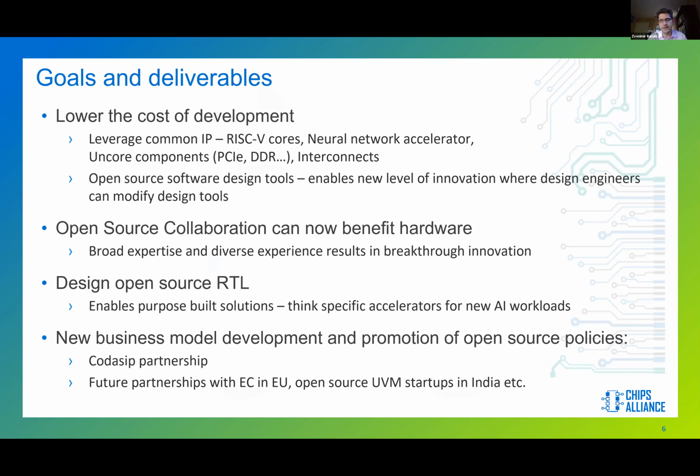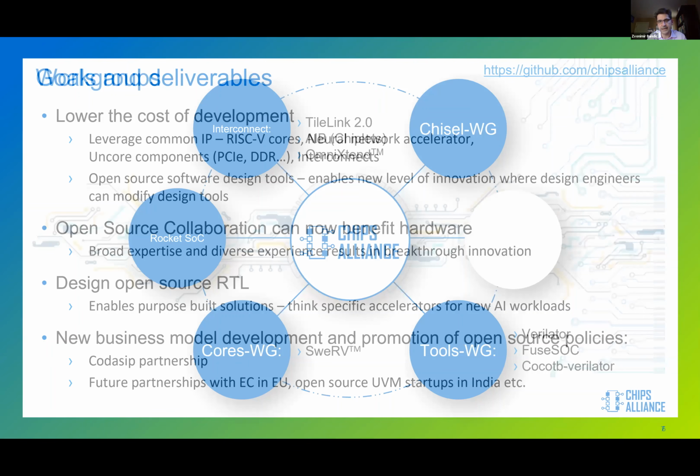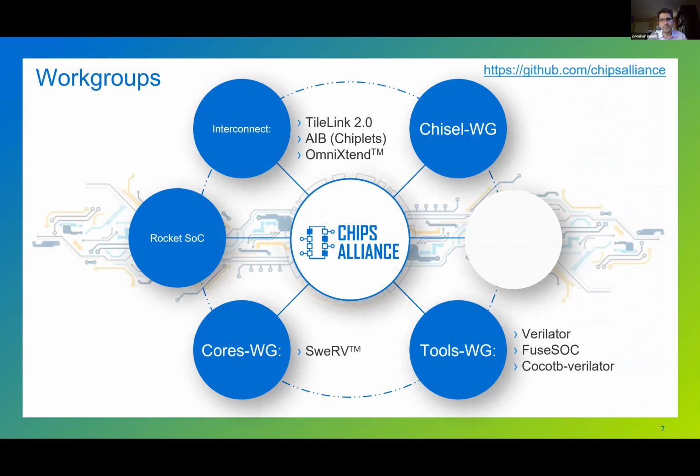In terms of work groups that are currently active in CHIPS Alliance, we have a Chisel workgroup that is the largest one and hosts the open source design tools for hardware development based on Chisel. It has about 40 plus developers. The Interconnect workgroup hosts the TileLink 2.0 cache coherence protocol from Berkeley, the AIB chiplet open source interface from Intel, and the OmniXtend cache coherence protocol, which packs TileLink on Ethernet.